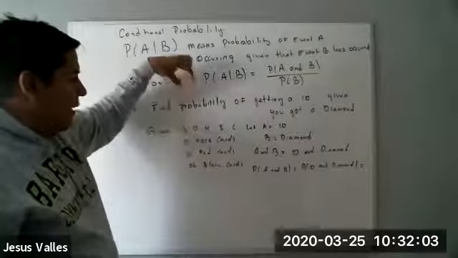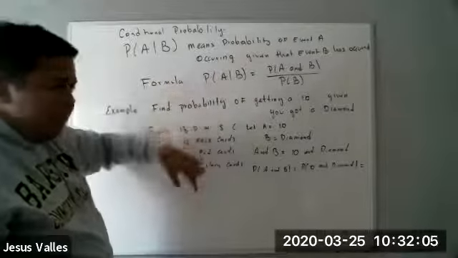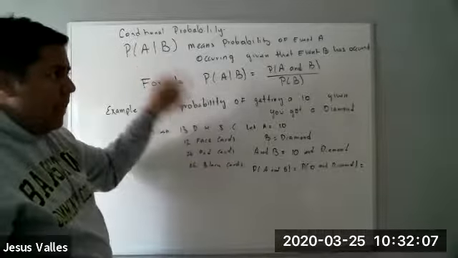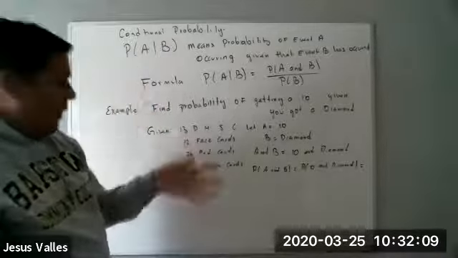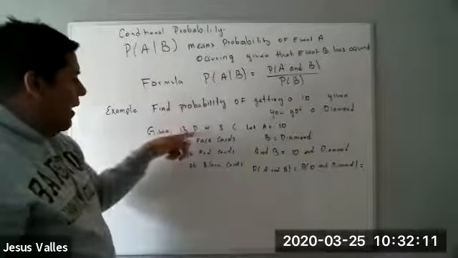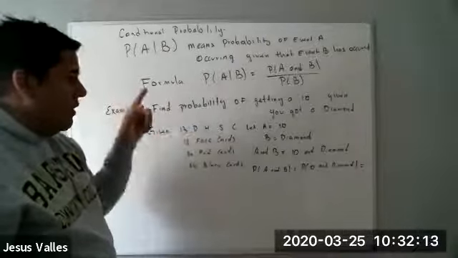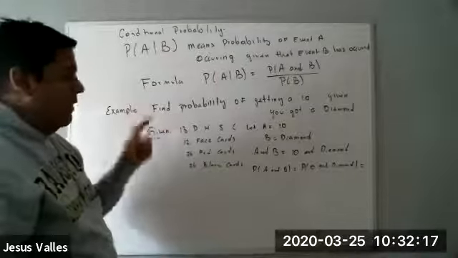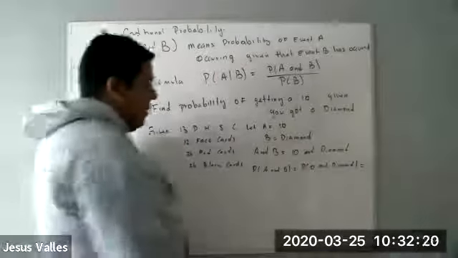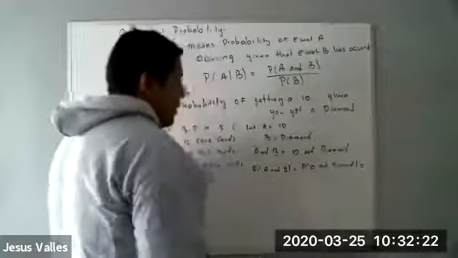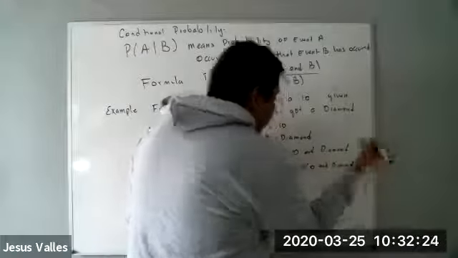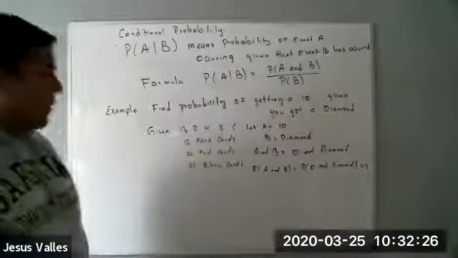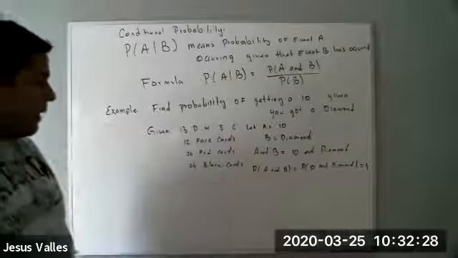When I look at my diamond cards, it goes from 2 to 10, then it has a king, a queen, a jack, and an ace. So I notice that there's only one instance in which a card is a 10 and a diamond at the same time. Therefore, when I say the probability of a 10 and a diamond, there's only one actual case. So that part is done.